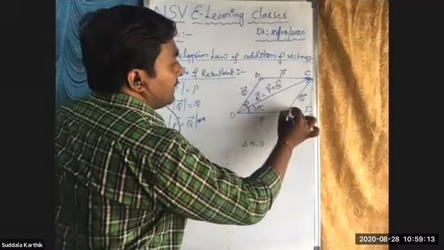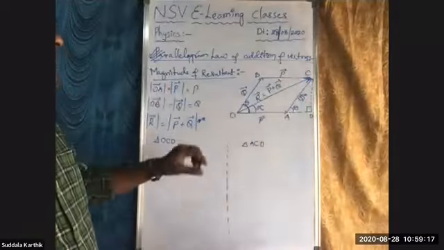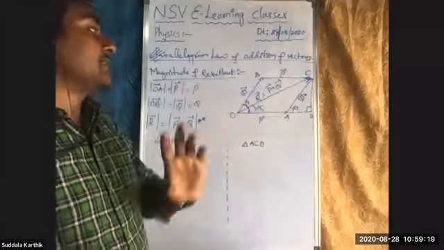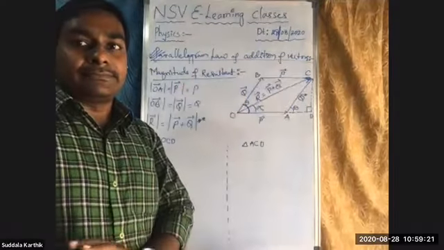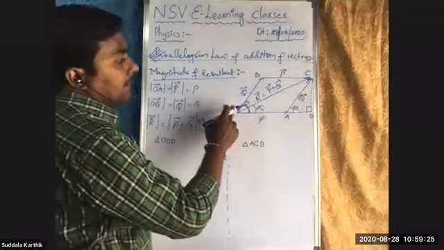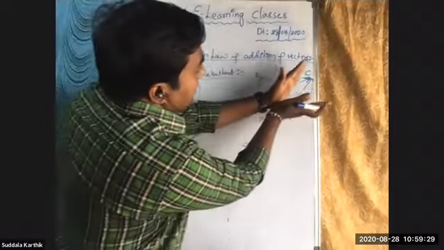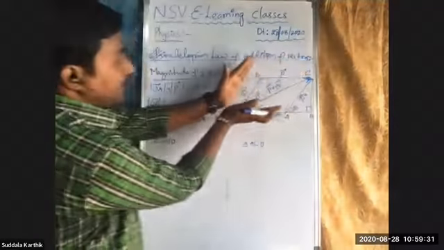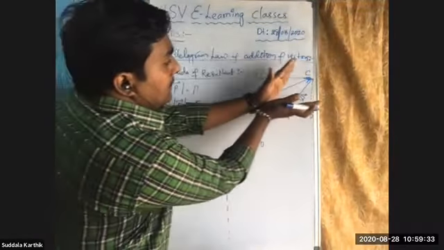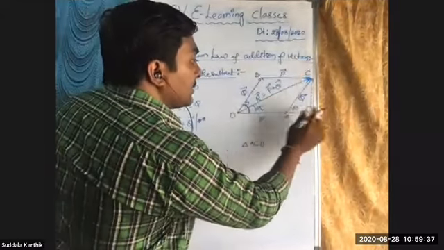So definitely, according to the laws of similar triangles, this is theta, then automatically this is also theta. Is it okay? Because these are these two vectors, the angle between these two is theta, so definitely it will also be theta.